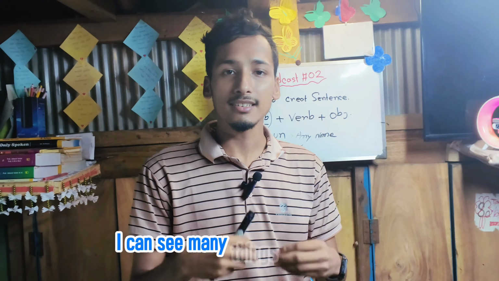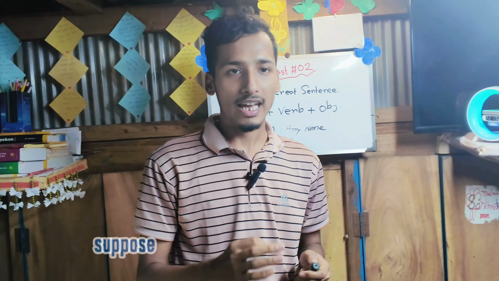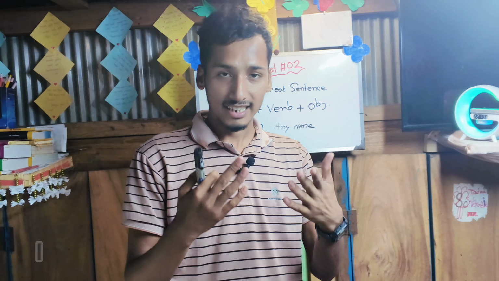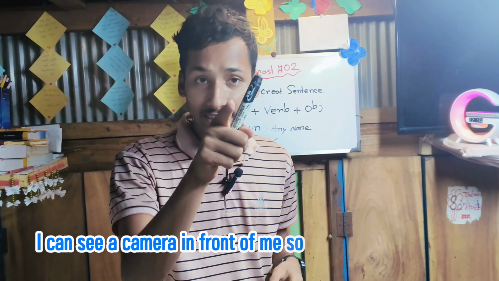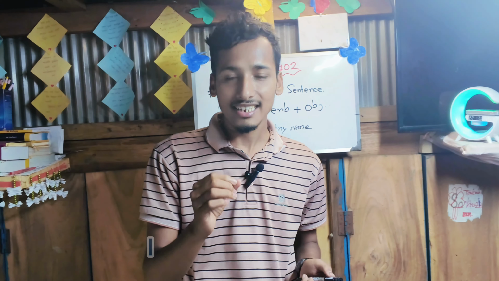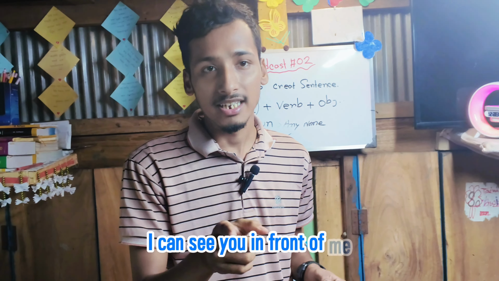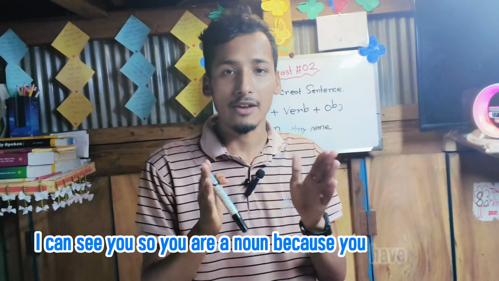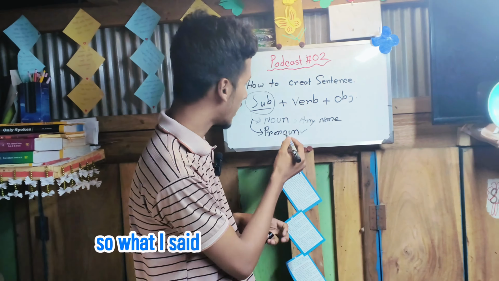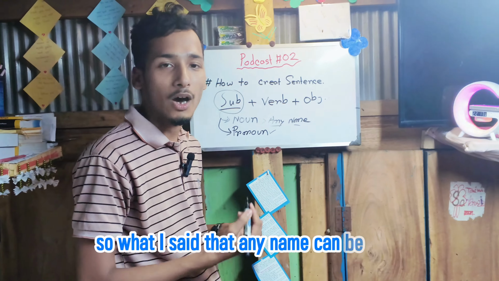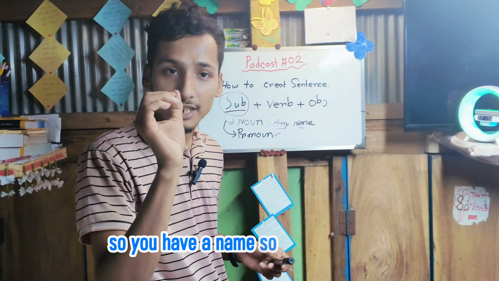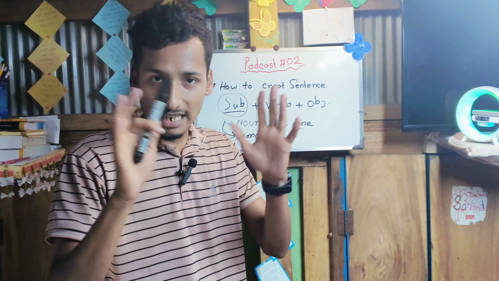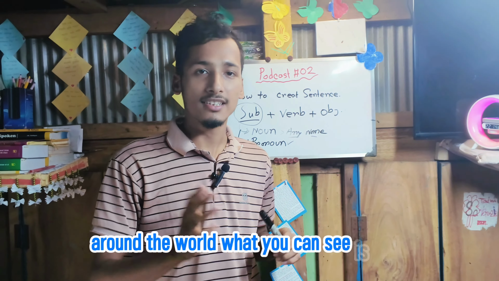Suppose I can see a camera in front of me, so the camera is a noun. I can see you in front of me. You are a noun because you have a name. So what I said, any name can be noun. Everything you can see around the world is noun.